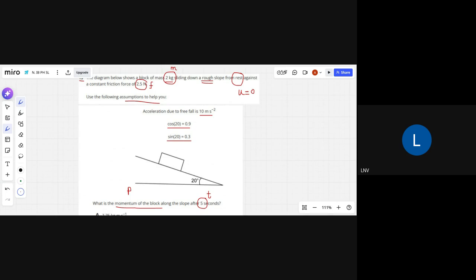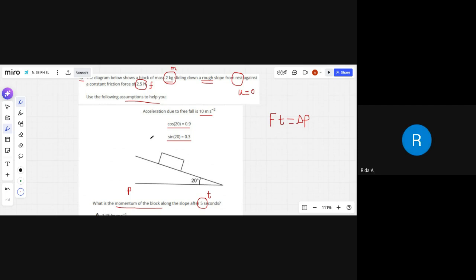So we're given the mass and the friction. The friction is the force, right? So can we do Ft equals change in momentum? Is that the one we have to use?